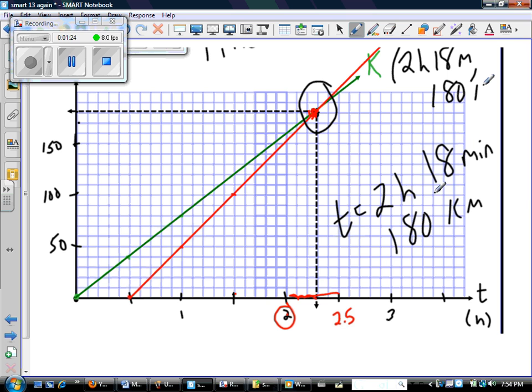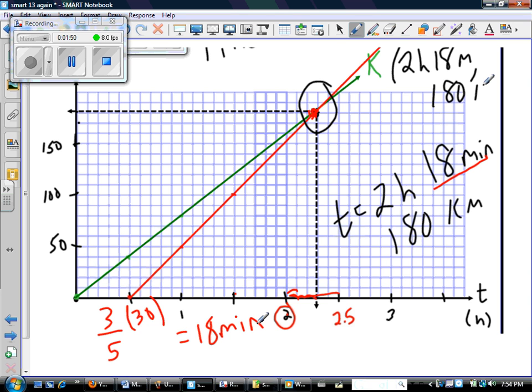And you'll remember, how did we get 18 minutes? Well, we had five boxes on the grid represented half an hour, and that point was 3 boxes in. So we did 3 out of 5 boxes, where 5 boxes represented 30 minutes. We did the math, that was 18 minutes.